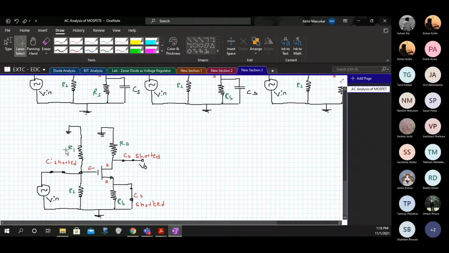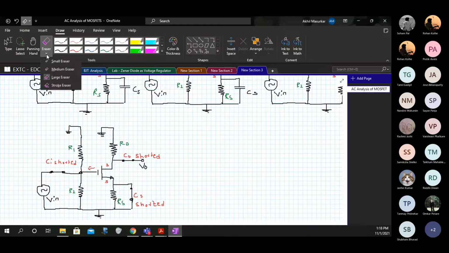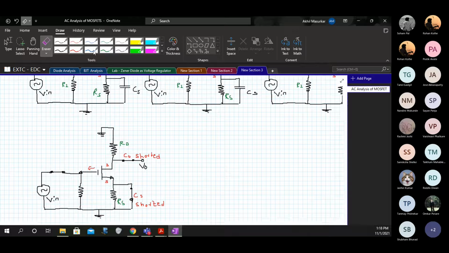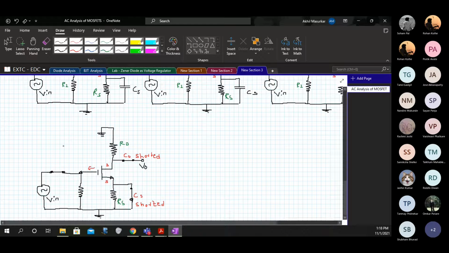Now this R1 and R2 are in parallel. So instead of all this, I will simply write here R1 parallel to R2, and here this RS is short circuited by CS.